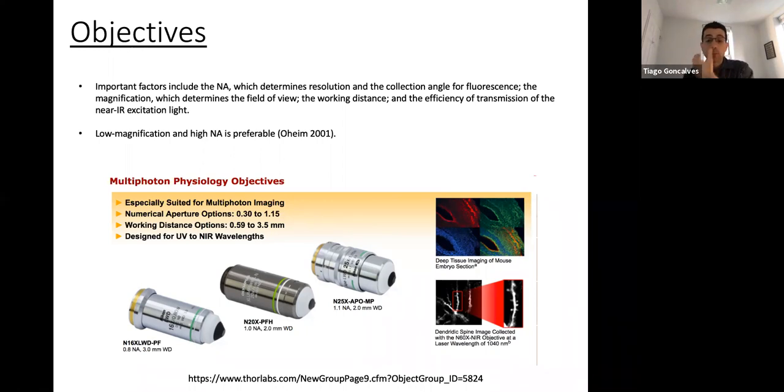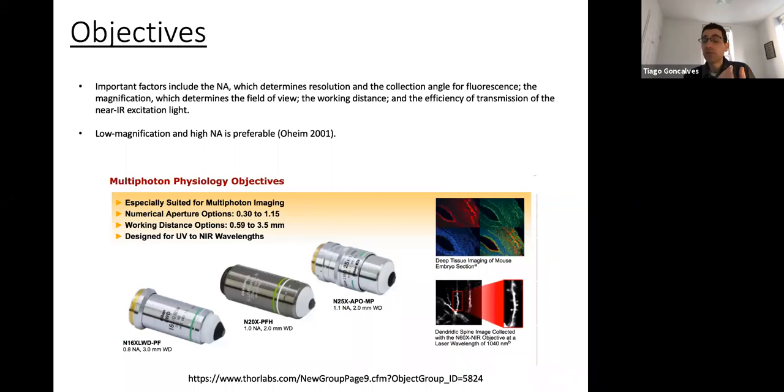It has become a thing because we're demanding so much more from our imaging methods. But the commercial objectives are quite complex, and you want objectives that are suited for multiphoton imaging, meaning they need to have good transmission at the wavelengths that you use.